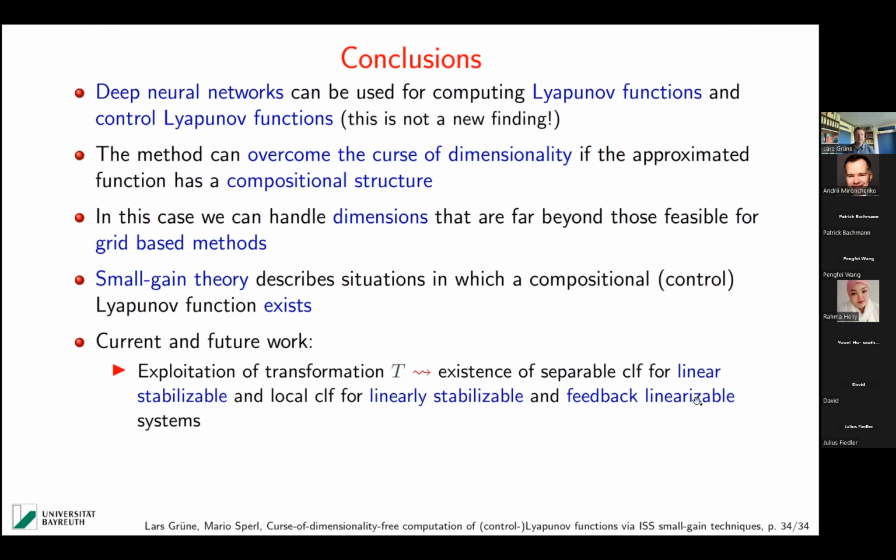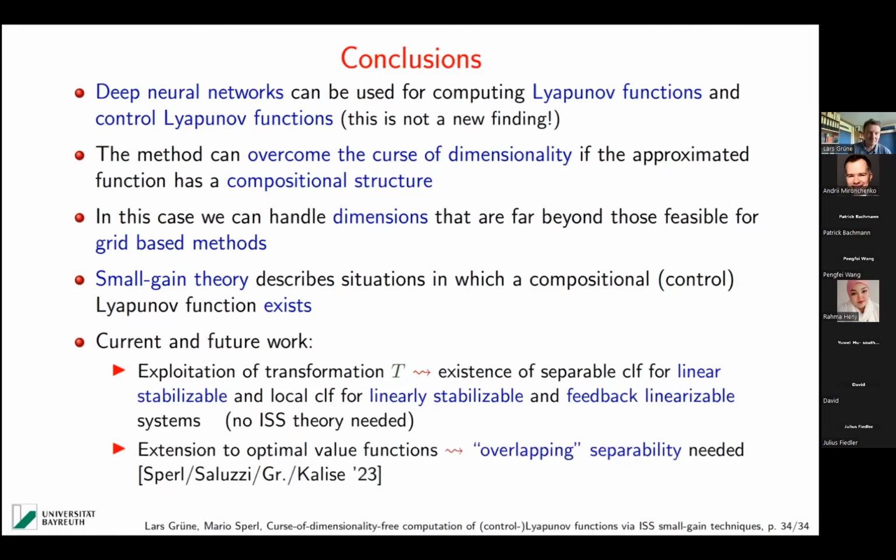So you can really exploit this transformation to find other structures in addition to the small gain structure that I told you about. But I should say that for this, at least for the proofs that we have at the moment, that we are about to work out and publish soon, no ISS theory is needed. So unfortunately, this doesn't really fit into this seminar here.